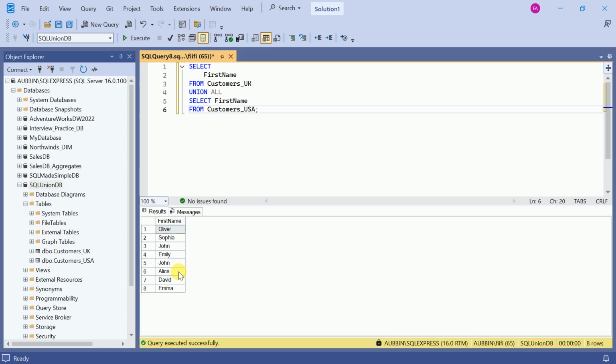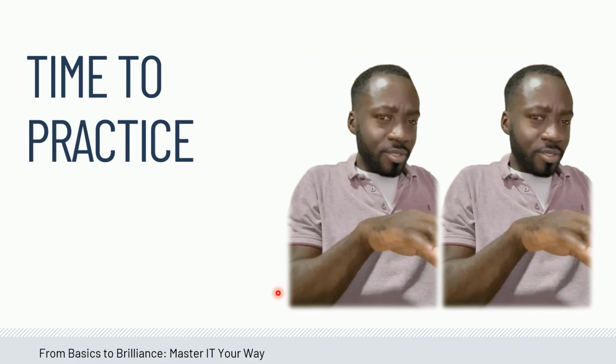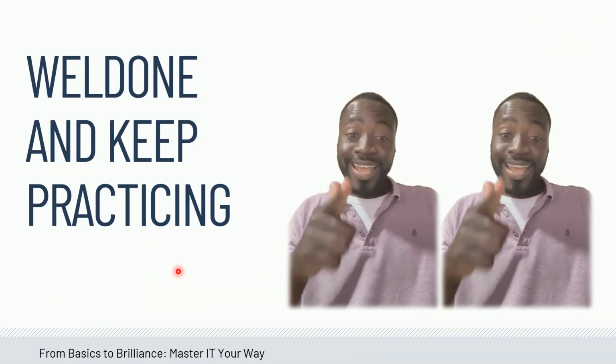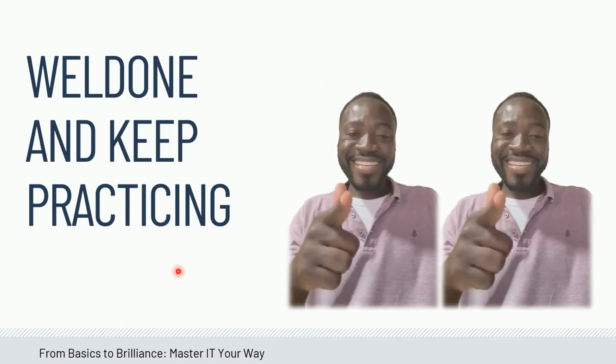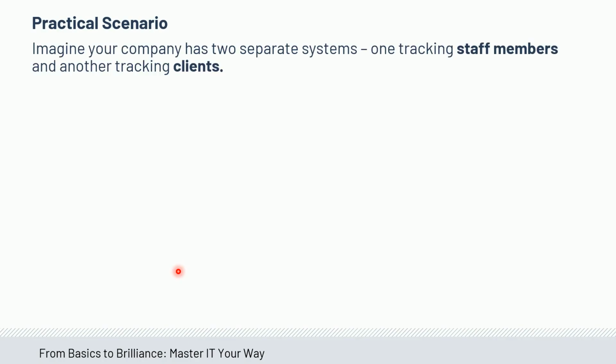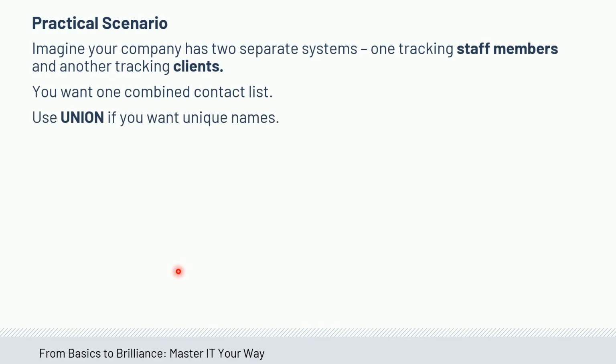I'll need you to keep practicing on this. You've done a yeoman's job. Well done. Let's look at some practical scenarios. Imagine your company has two separate systems, one tracking staff members and another tracking clients. You want one combined contact list.